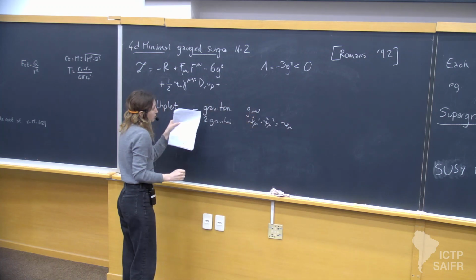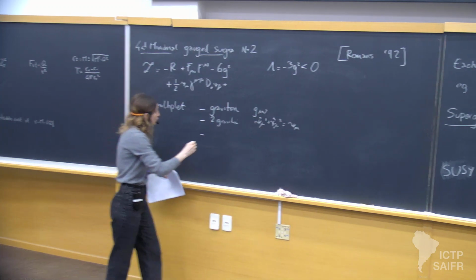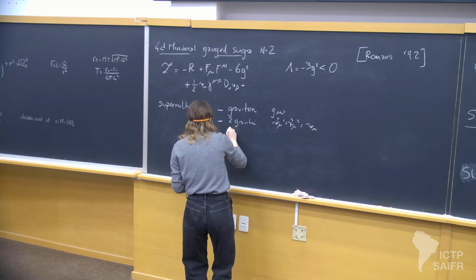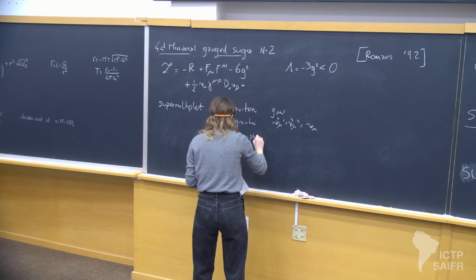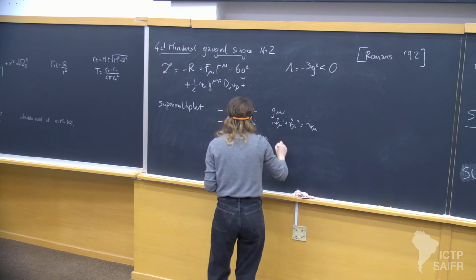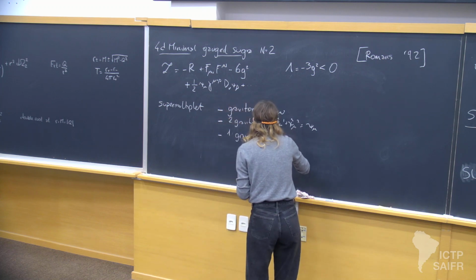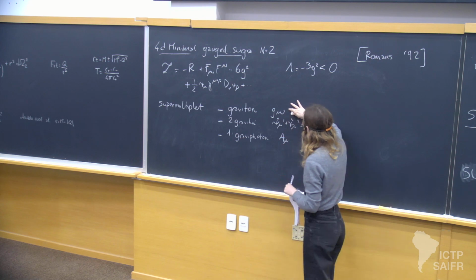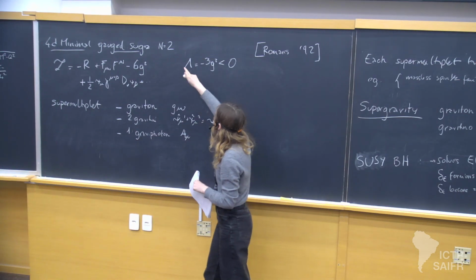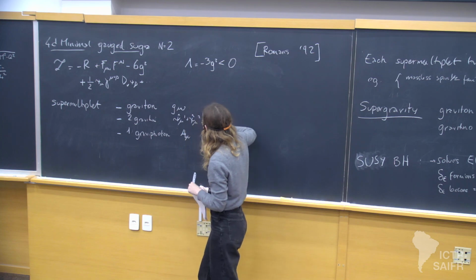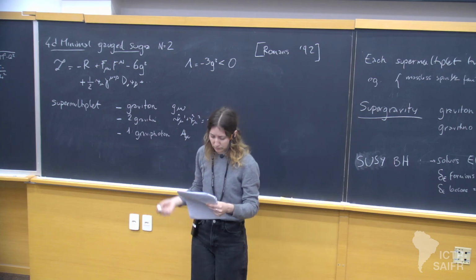And then by acting with the other supercharges, we also have a graviphoton. So 1 graviphoton, which is nothing other than a gauge field. So you have a spin 2 particle, spin 3/2, and spin 1. Because we have N=2, that really makes you go down 2 steps in spin.